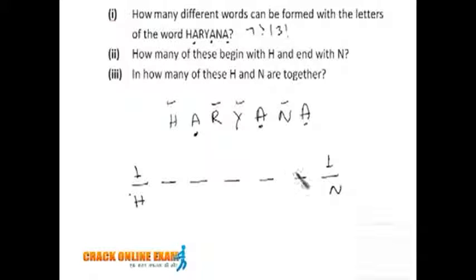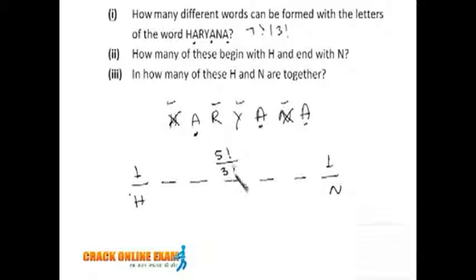Now we have 5 places and we have to fill up 5 letters, right? And the remaining letters are, I just cancel H and cancel N, right? So remaining letters are 1, 2, 3, 4, 5. So 5 places, 5 letters, they can be arranged in 5 factorial ways, obviously, and we will divide by the repetition, that is A is being repeated 3 times.